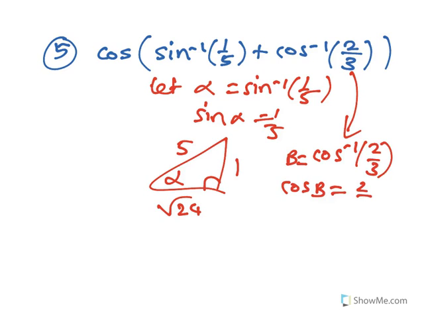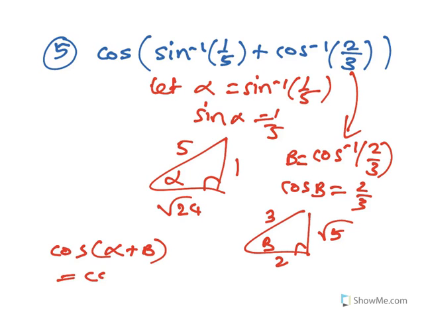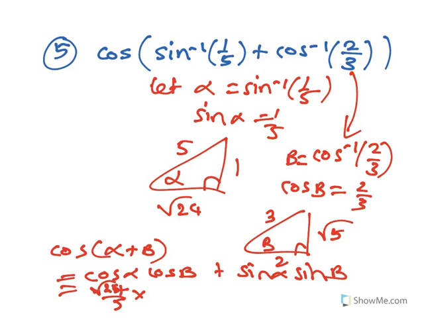So cos beta is 2 on 3, so the opposite will be root 5. Okay, so this is cos of alpha plus beta, which is cos alpha cos beta plus sine alpha sine beta. Cos alpha is root 24 on 5 times cos beta 2 on 3, plus sine alpha 1 on 5 and sine beta root 5 on 3.